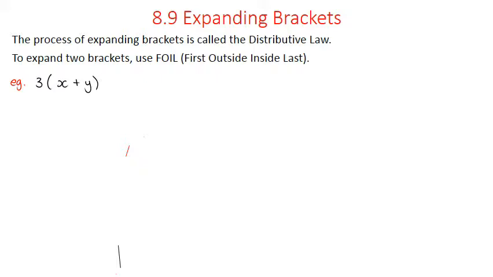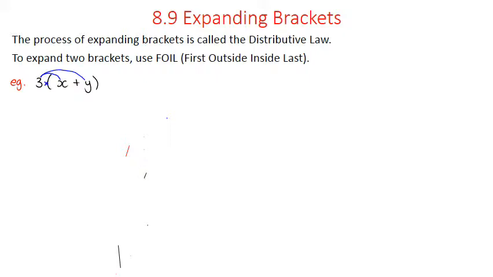plus y). So what we actually want to do is, there's a multiplication sign in here. So what we're going to do is multiply the 3 into the bracket. So we're going to do our 3 times the first term and our 3 times the second term.